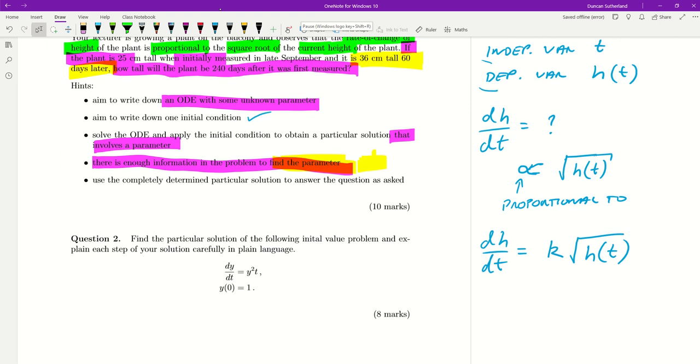So that is our entire ODE. If the plant is 25 centimeters tall initially, right, so H0 equals 25 is our initial condition. And finally, we note that this K is unknown.